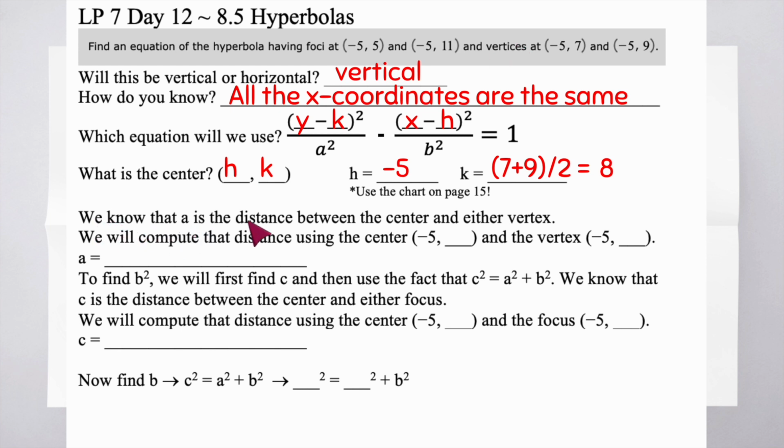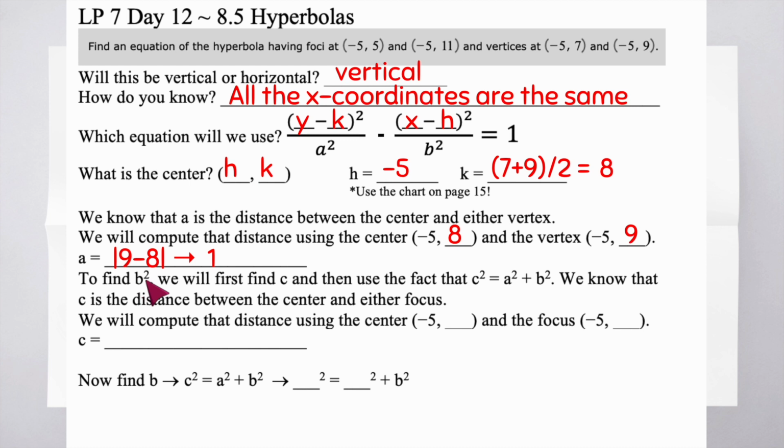We know that a is the distance between the center and either vertex. We'll compute the distance using the center (-5, 8), because we just found that, and the vertex (-5, 9). I just chose one of the vertices to do this with. So for a, 9 minus 8 is the distance between the center and the vertex, which is 1.